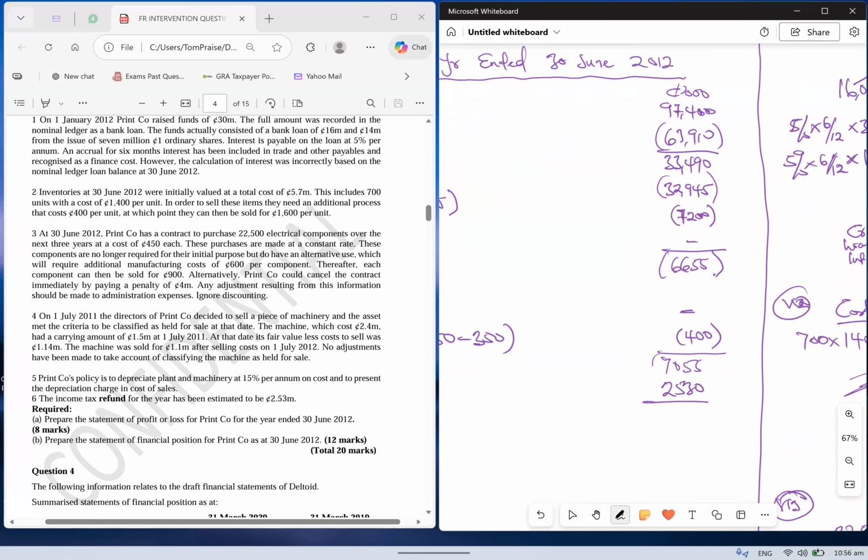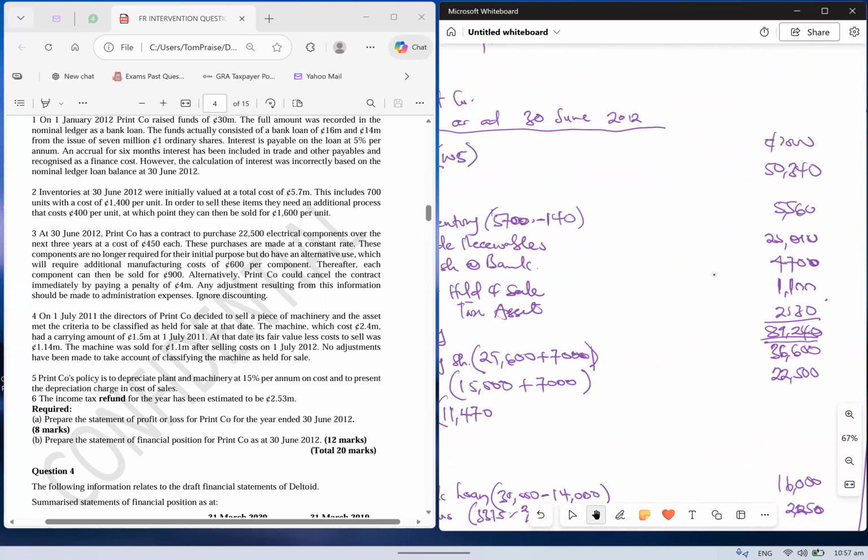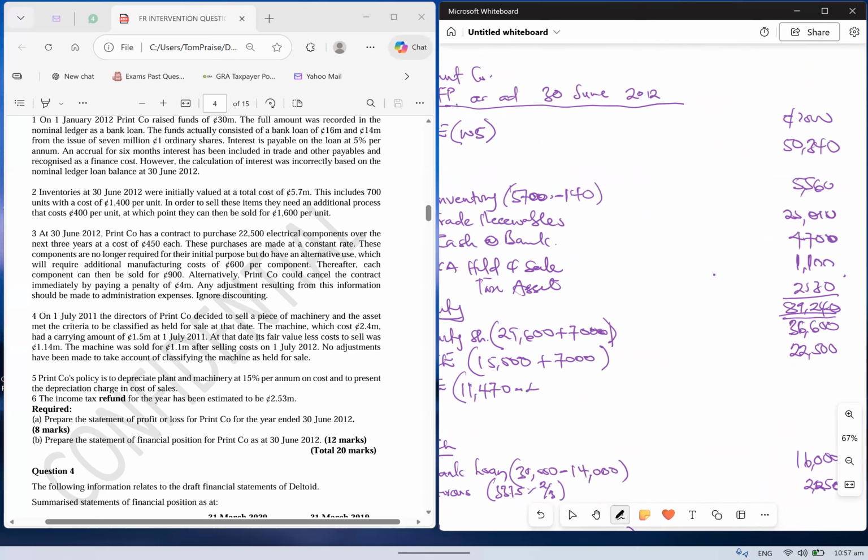Subtract tax gain. A loss of 4525. So that's also a loss. All right. So the balance sheet, retained earnings is a loss of minus 4525.